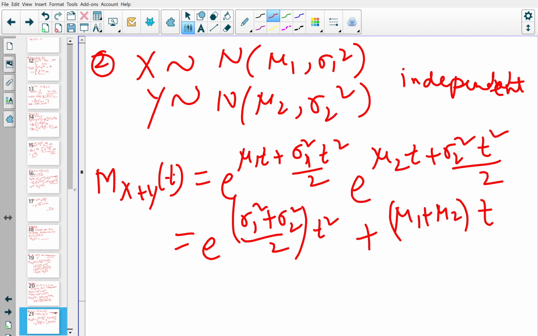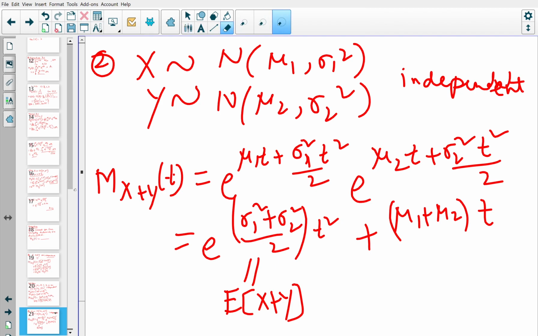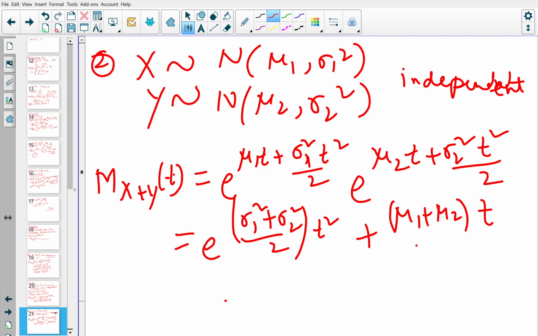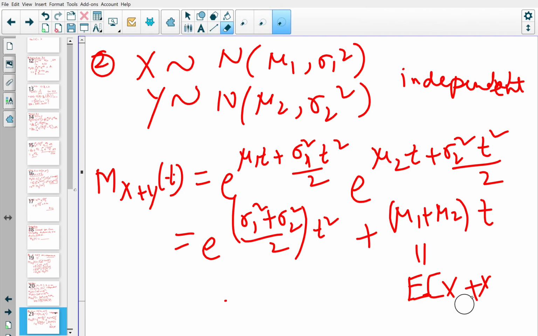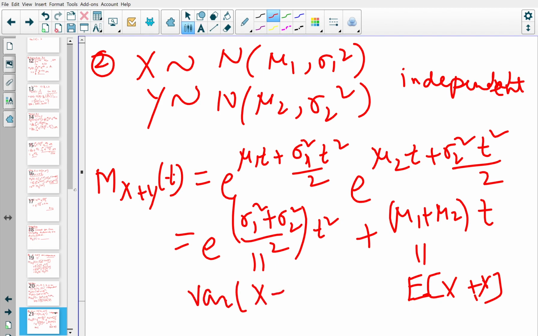Now it is clear that the sum of two independent normal random variables is again a normal random variable, and this is the mean of that, and this is the variance.